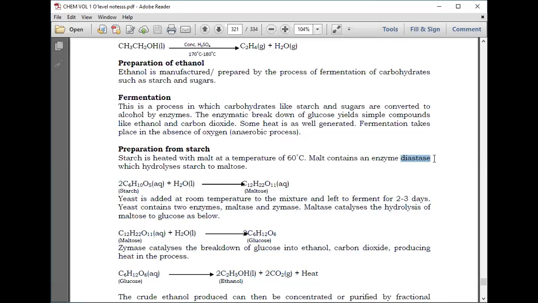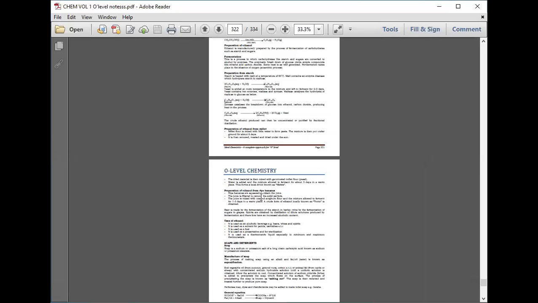Now, when maltose is formed, we add yeast, and yeast contains two enzymes, that is maltase and zymase. Now, maltase converts, oh no, something has gone wrong, let me see how to modify it.